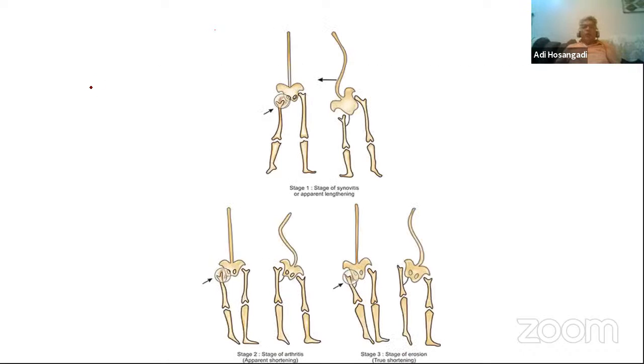I will briefly explain here. Tuberculosis of hip. There are different clinical stages. Please remember, clinical stages are different, and then comes radiological classification.